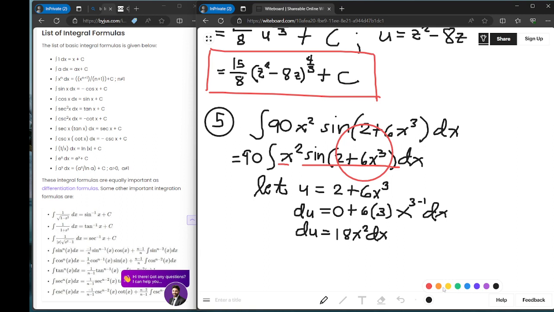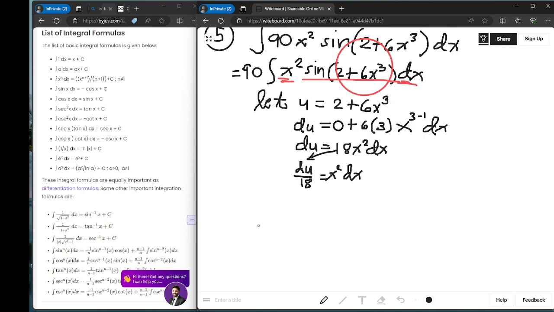If we check, we only have x squared and dx. So we need to move away, transfer 18 using cross multiplication. So this would be du over 18 is equal to x squared dx. Then let's rearrange first.